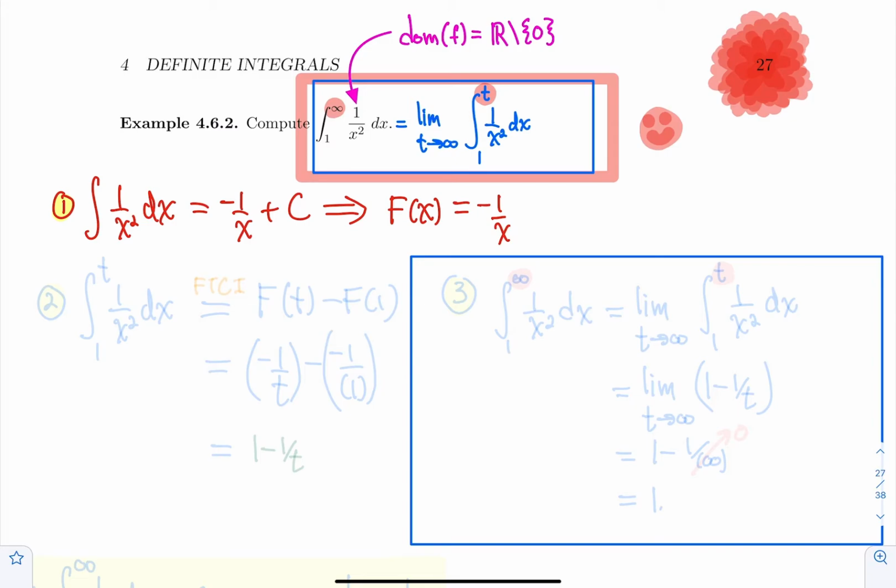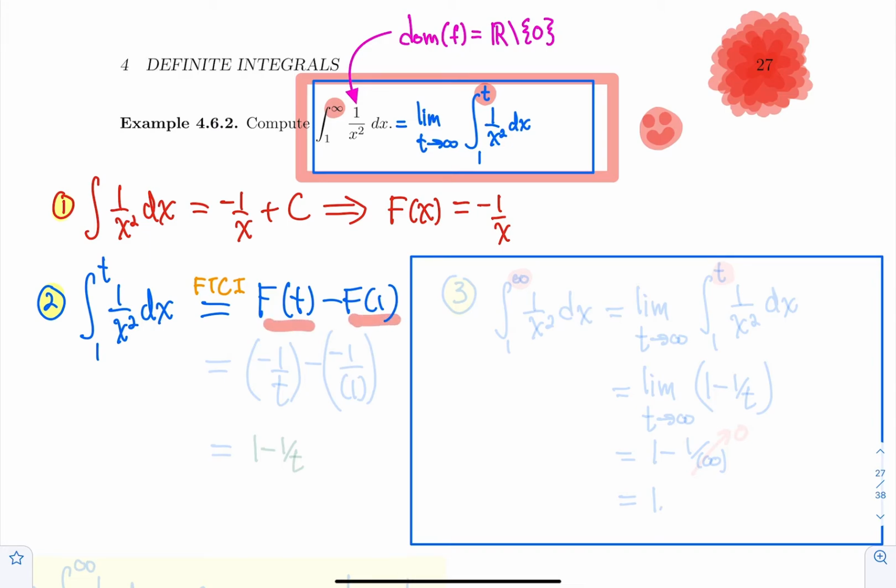The second step is to compute the definite integral of 1 over x squared between 1 and t. So we want the definite integral of the function 1 over x squared between 1 and t. And now, because we're over a closed interval, we can use the first fundamental theorem of calculus. And we know that this integral is going to be equal to big F at t minus big F at 1.